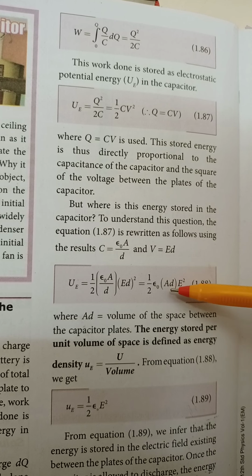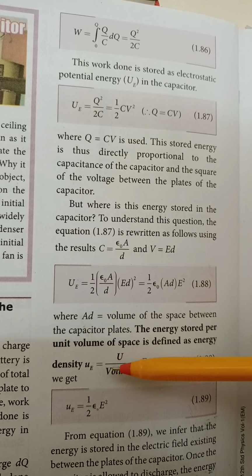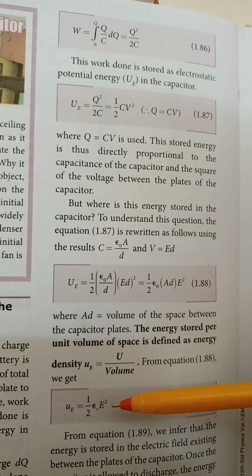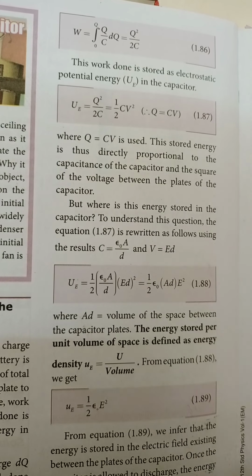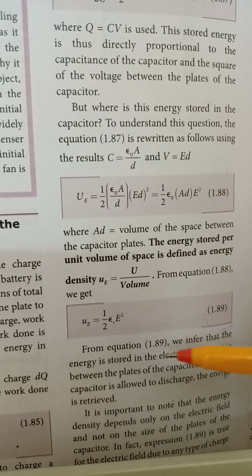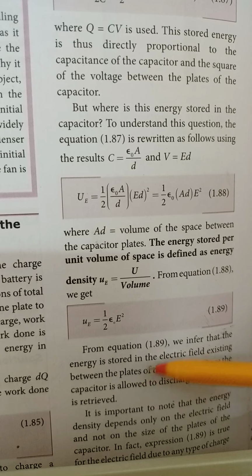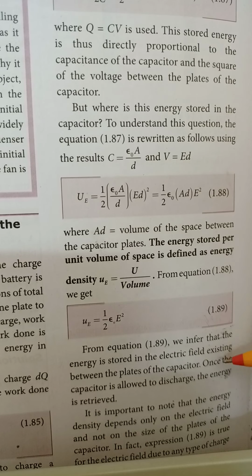What is A D? A D represents the volume of space between the capacitor plates. Therefore, the energy stored per unit volume of space is defined as energy density, small u_E, which is equal to U by volume. So u_E is equal to half epsilon naught E square. From this, it is clear that the energy is stored in the electric field existing between the two plates of the capacitor.